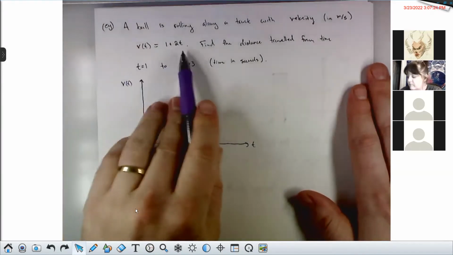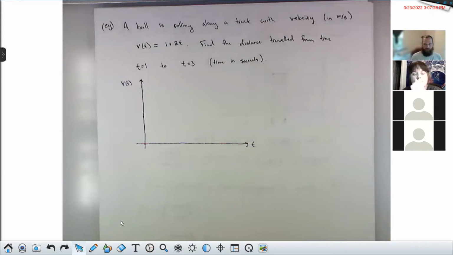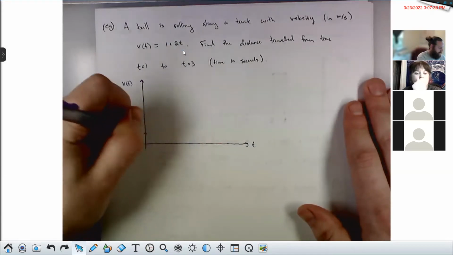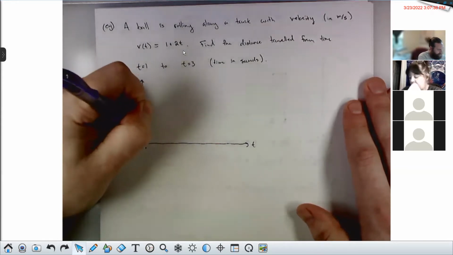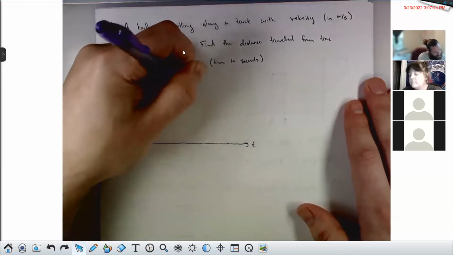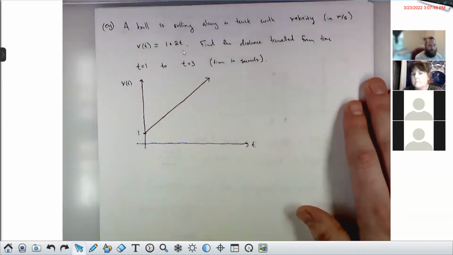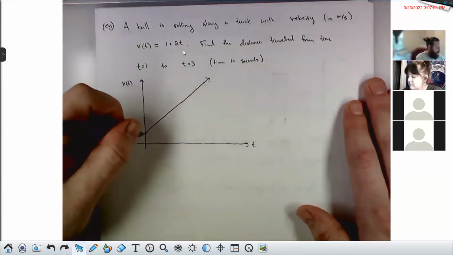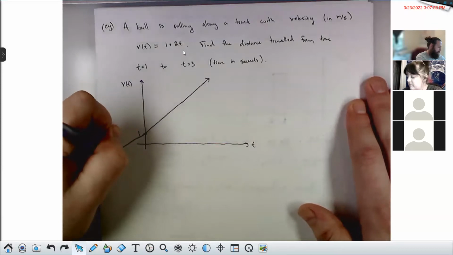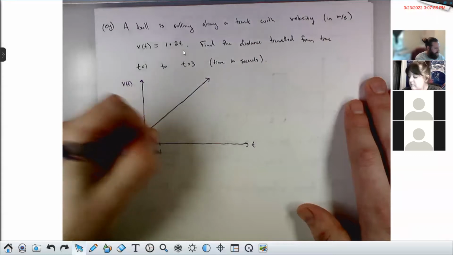But because this is a linear function, the region isn't curvy. Because the graph of this thing is a straight line, y-intercept 1, slope 2, what we're looking for is not so hard to find.